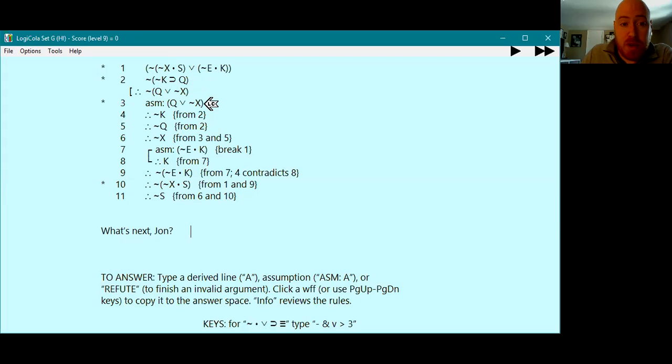Now my conclusion, I've assumed the opposite of the conclusion here, so Q or not X, all right? Well, I've got that not X is true, and I've got that Q is false. Well, since not X is true, that's enough to make this wedge true, this disjunct true, which makes this tilde false. So Q is false, so I've got false or true, which makes the wedge true, which makes the tilde false. So I have enough to refute here.